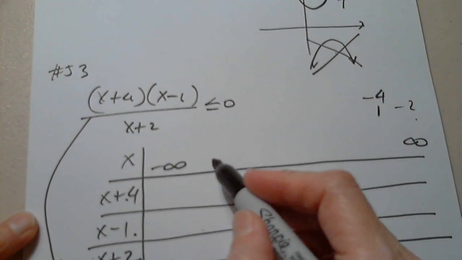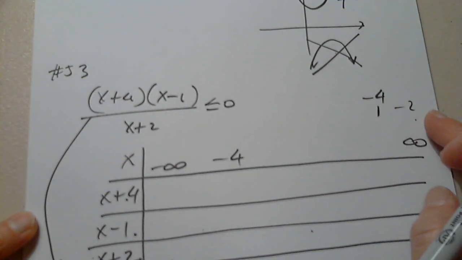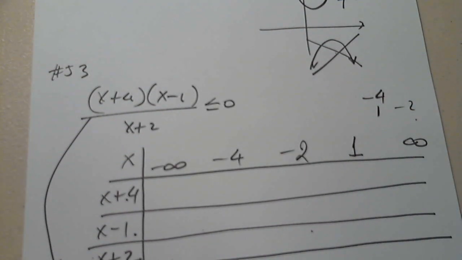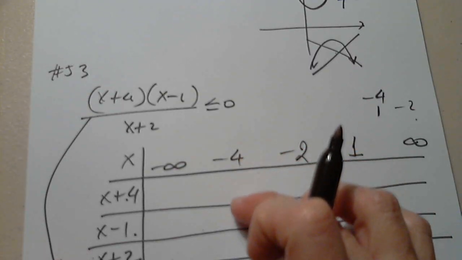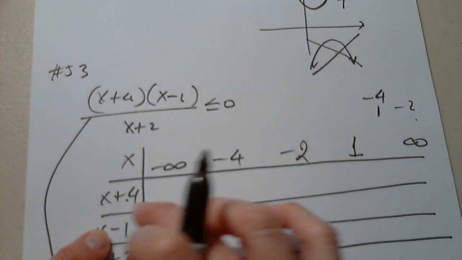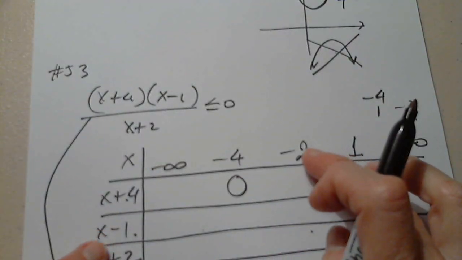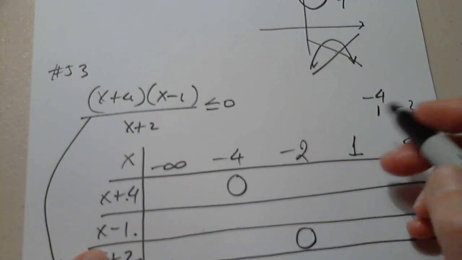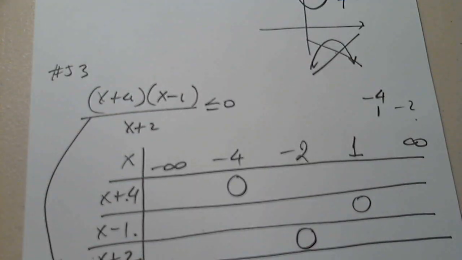So carefully, I put -4 first, -2 next, and 1 last. But now, under -4, this one is 0. Under -2, this one is 0. And under 1, this one is 0.